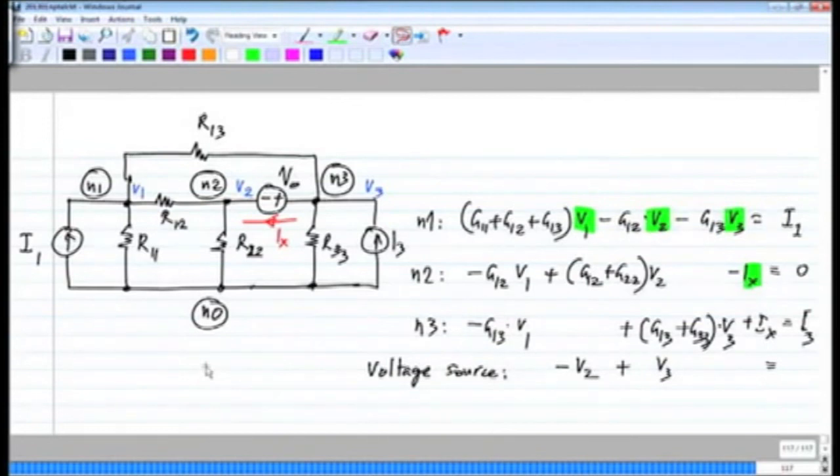Now what we do is, for instance, let's say I write up the equations like this, and the voltage source is connected between N2 and N3. So I add up the KCL equations for N2 and N3. That is, I take this equation here plus that equation there, and I add them up to form a new equation.